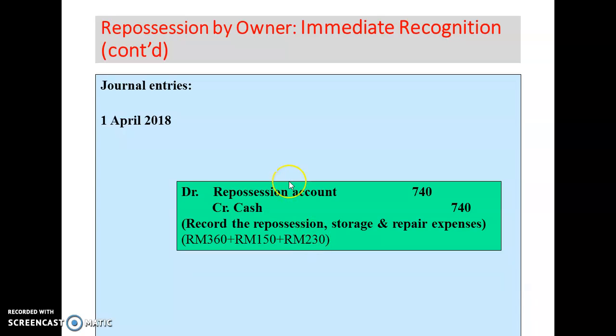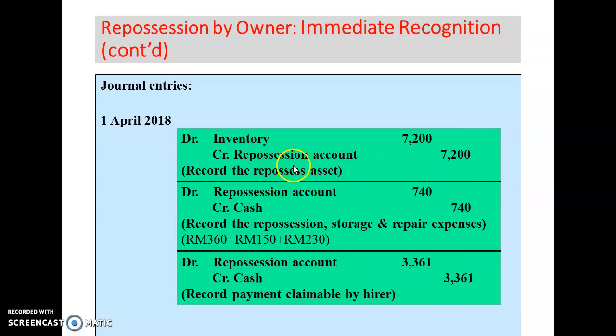Then since the owner has repossessed the asset, the goods is coming back into the business, right? So when the goods come back into the business, the company will debit inventory. Remember this is the book of owner, so the goods is treated as inventory. In the book of hirer, we're going to treat this good as asset, but in the book of owner, we're going to treat it as inventory.